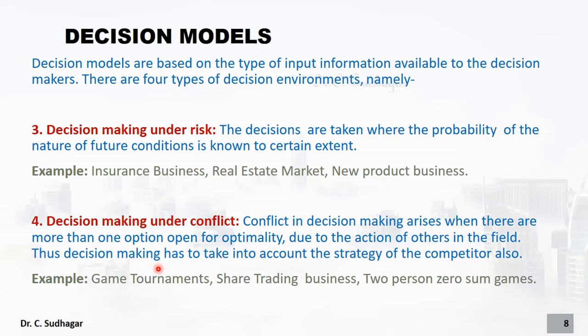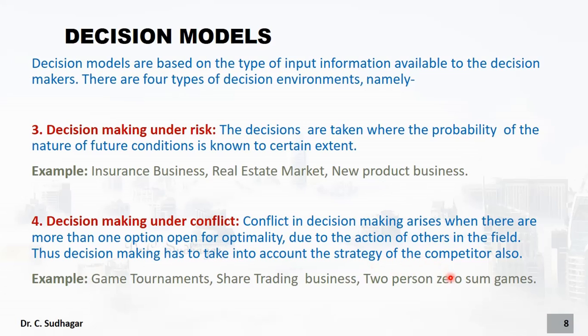So the profitability of the game or the winning possibility of the player will be affected. Similarly, share trading businesses are also affected by the opponent's action, whether they will buy your shares or not, whether they will be ready to pay whatever your quote is or not. That is based on the opponent's decision also. And there are two-person zero sum games. That means one person will be gaining and one person will be losing, something like gambling. So these things are called decision making under conflict.